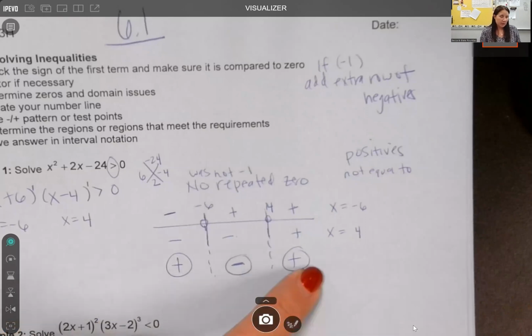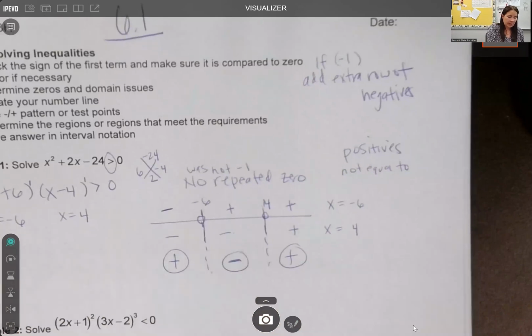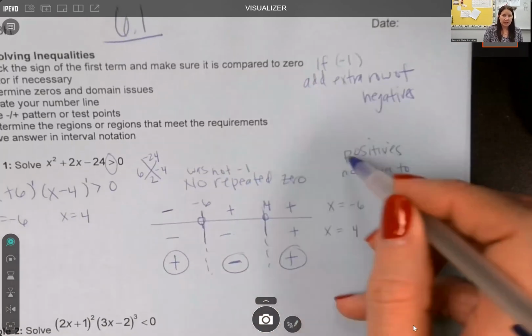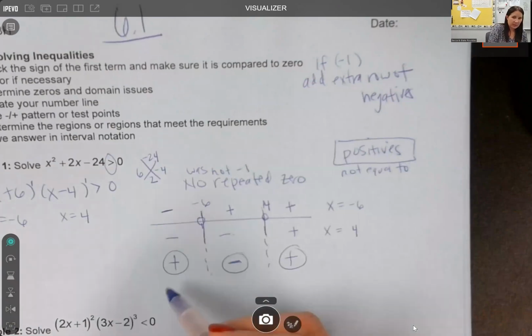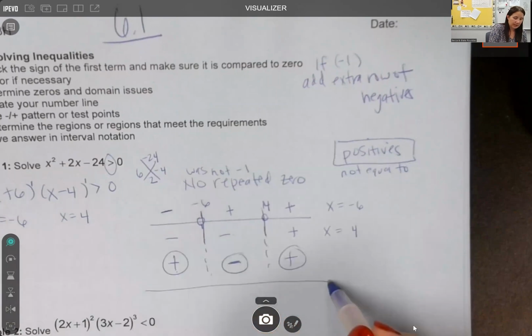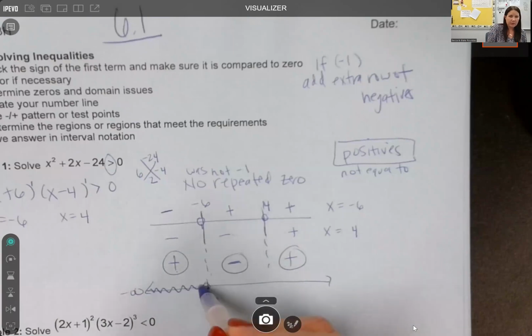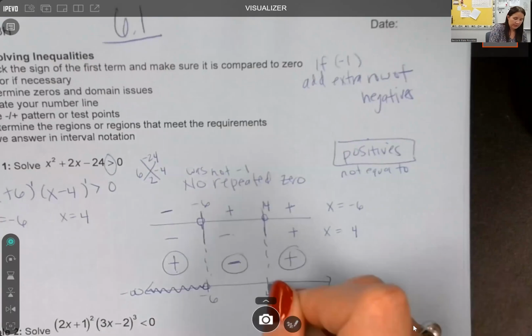Okay, so using this sign chart, I want positives. I already wrote that down. So my answer is going to be these positive numbers. My interval on my number line is -infinity to -6. Those are positives. And then 4 to infinity.